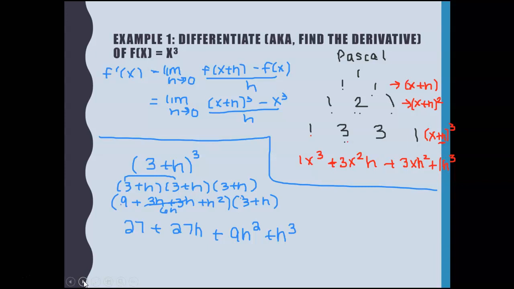So you can see 3 times 9 gave you your 27, 18h plus 3h squared. And then distributing that h gave you 9h plus 6h squared plus h cubed. And if you combined like terms, you had 27, 27h, 9h squared, h cubed. So Pascal's triangle kind of eliminates the need to FOIL multiple times.